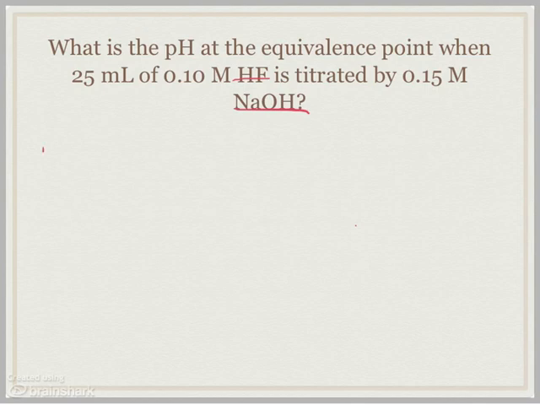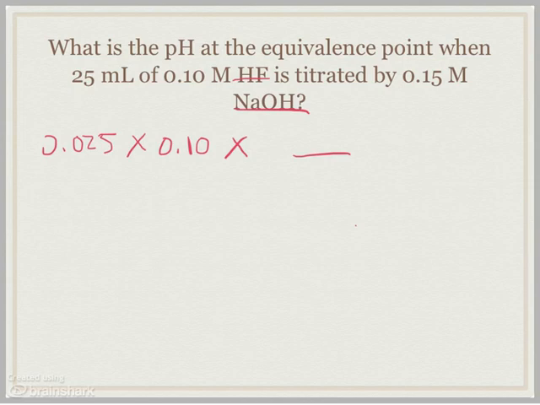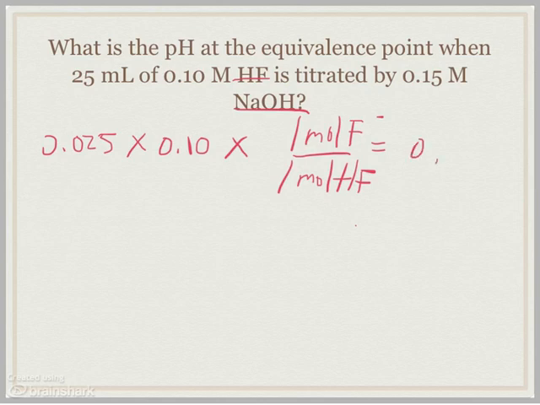So we go 0.025 times 0.1 times, now again it's going to be a 1-to-1 ratio because you have 1 mole of F minus to every 1 mole of HF. So we do that, and we end up with 0.0025. Those are the moles for the F minus.